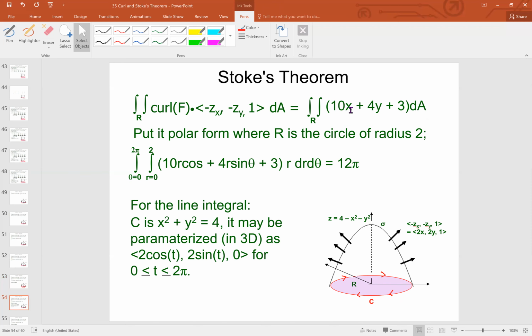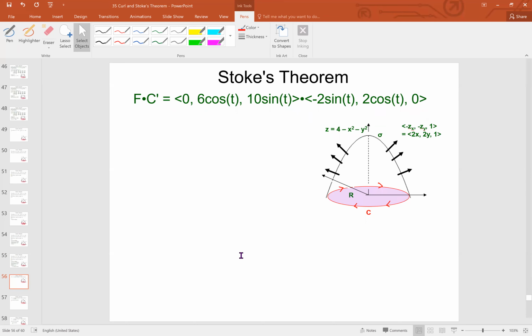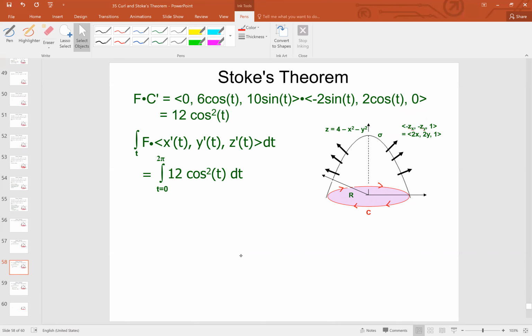Here's the parameterization in 3D, where the z component is 0. We replace x, y, z in the vector field by the parameterization, take the derivative, and integrate t from 0 to 2 pi for one circle. And then it comes out exactly the same as before.